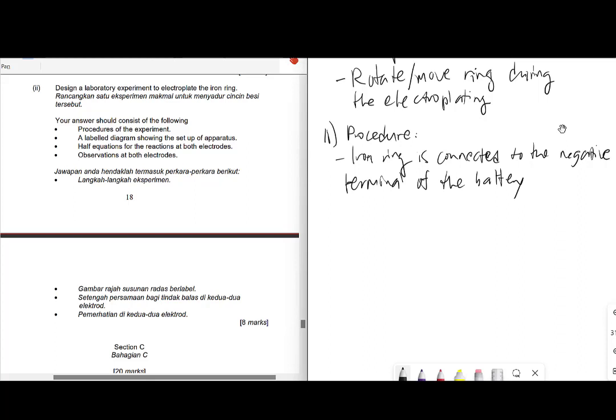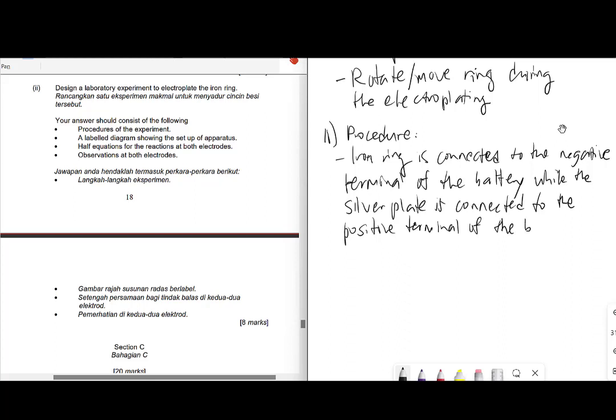Okay, and then what is connected to your positive? Since you want to coat the ring with the silver, you're going to use a silver plate, while the silver plate is connected to the positive terminal of the battery.